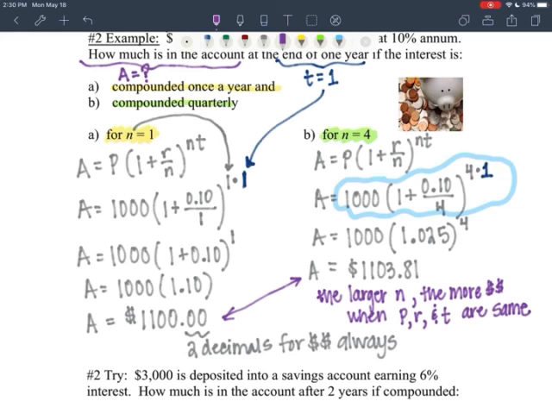So when the principal, the interest rate, and the time that you're keeping your money in the account are all the same, the larger the N value, the more money you're going to make. In this case, you're going to make $3.81 more. And every little bit counts.